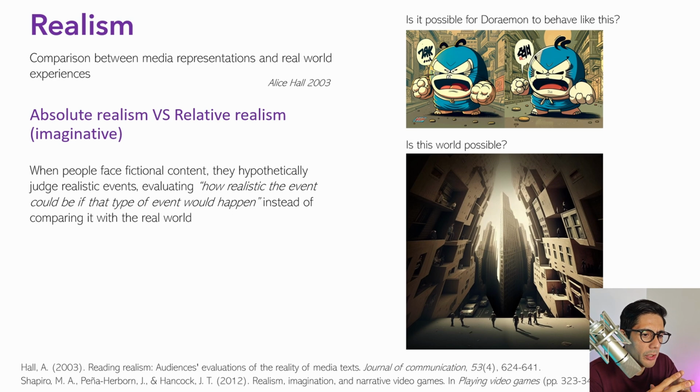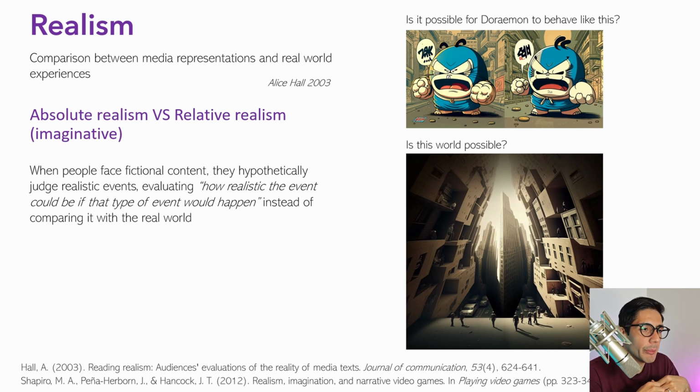So every time we experience a film, a series, a video game, a virtual reality game or training, we compare those media representations with experiences we have in the real world. So realism is a cognitive exercise of comparing things.